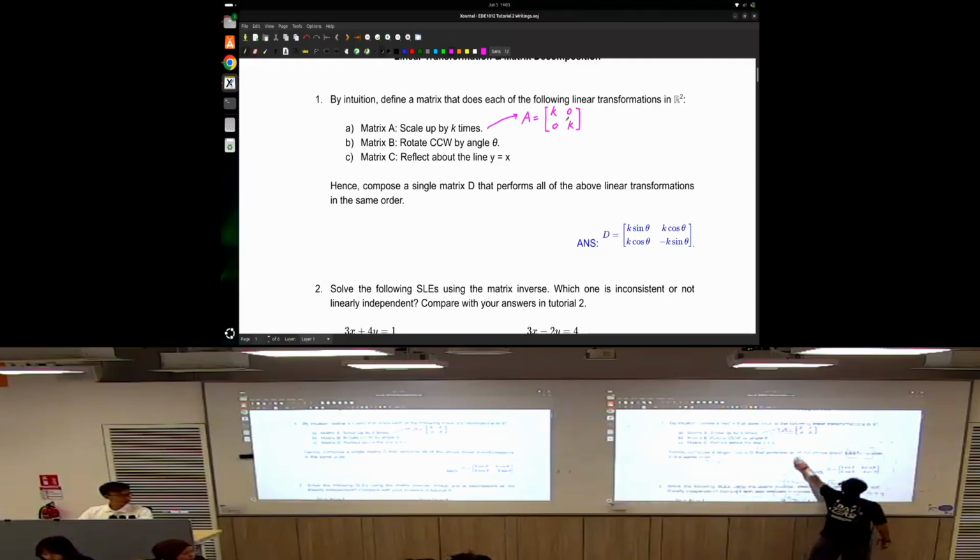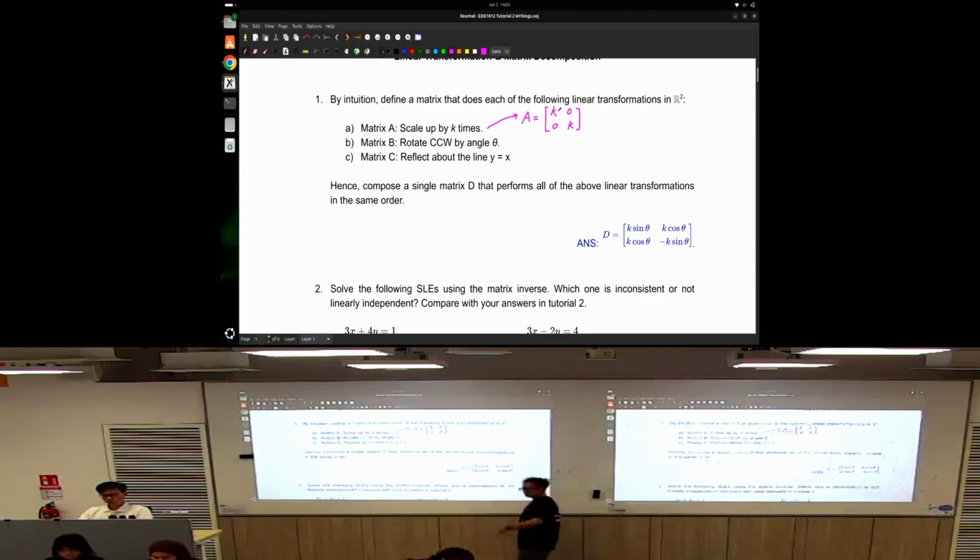The reason is that you have to scale up the i and j vectors by the same scalar magnitude, so that you can scale up the entire vector space by k times. If you recall our lecture example, we scaled up by 3 times, so there will be a 3, 3 here. But if you scale up by k times, then you just have k, k there. So I think matrix A is quite straightforward.